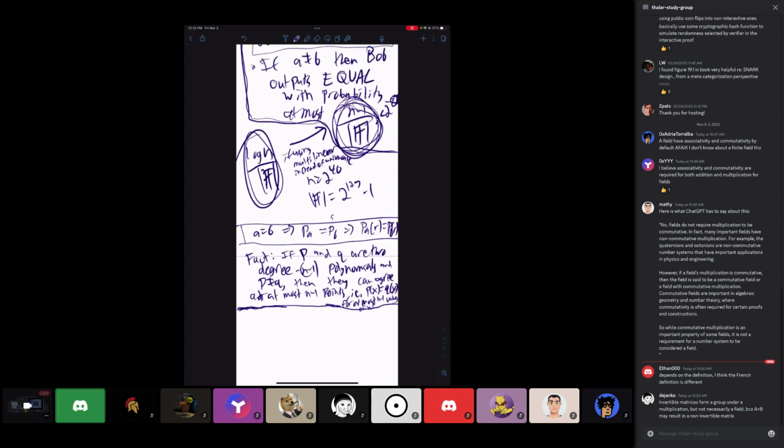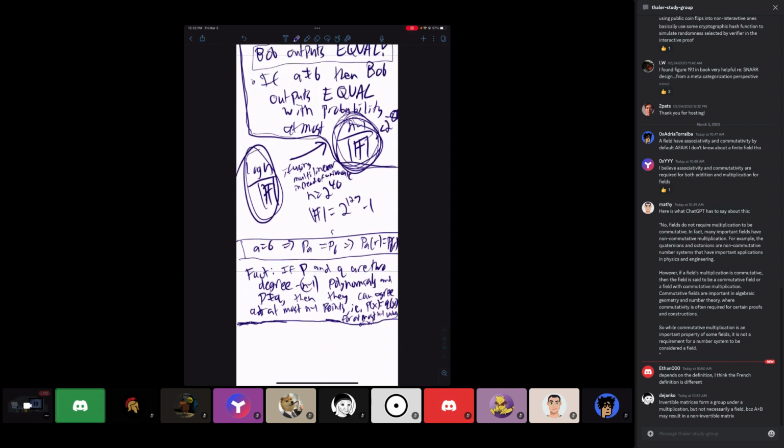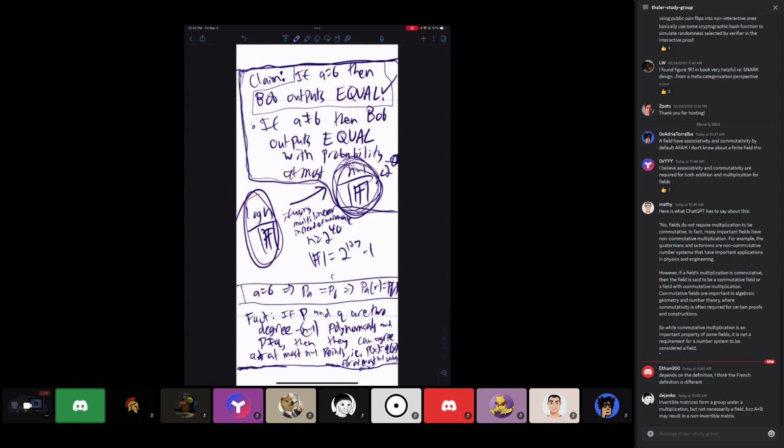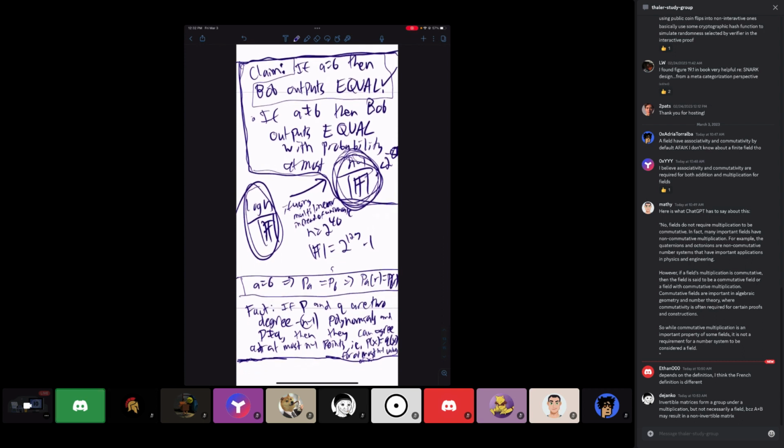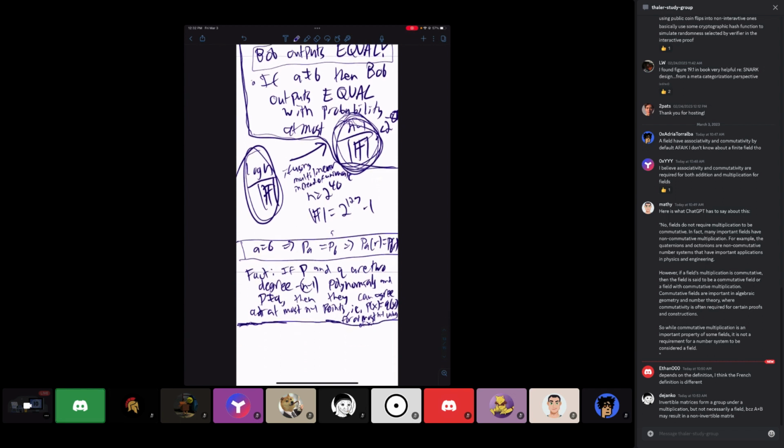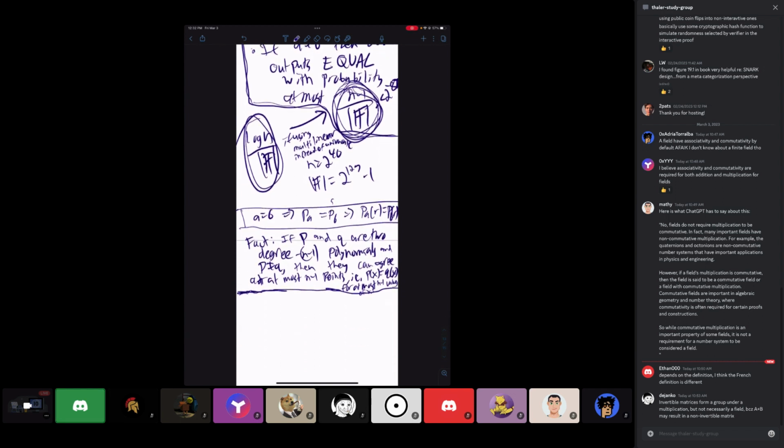So I will explain why that fact is true in a second, but the claim follows immediately from the fact, because if A does not equal B, then P sub A and P sub B are not the same polynomial. They differ in at least one coefficient. And then Alice picks a random input R and checks whether these two distinct polynomials agree at R. This fact says they can only agree at most n-1 values, but R is chosen at random from the whole field.